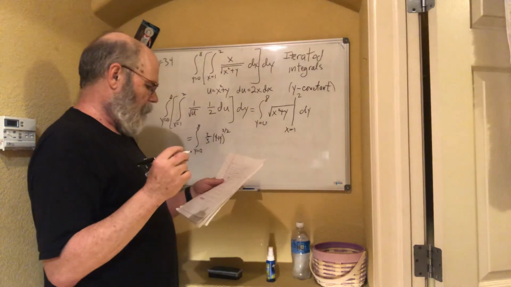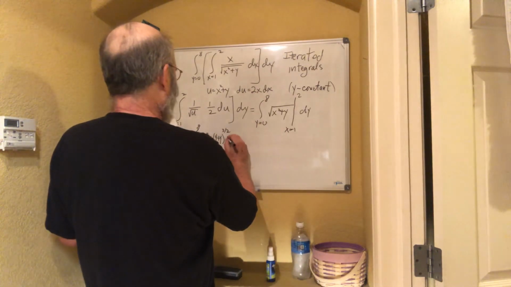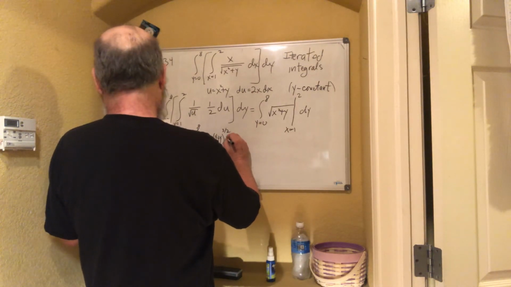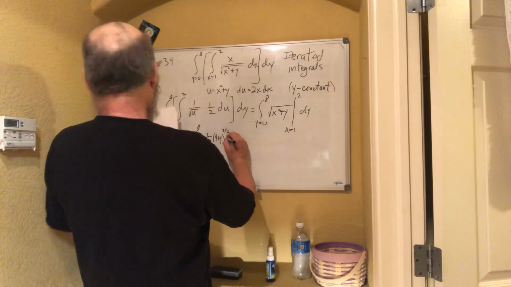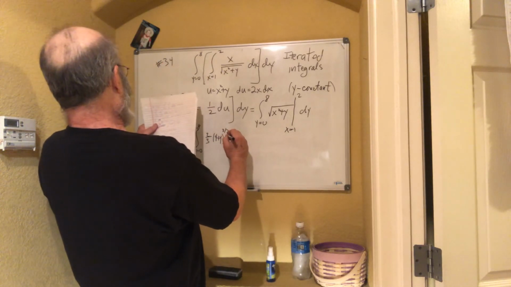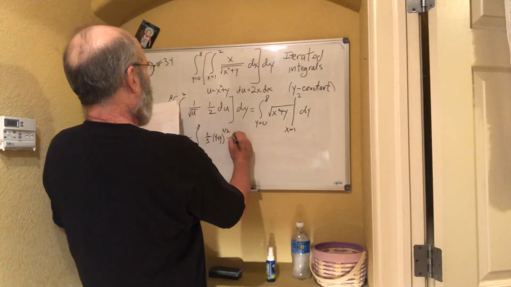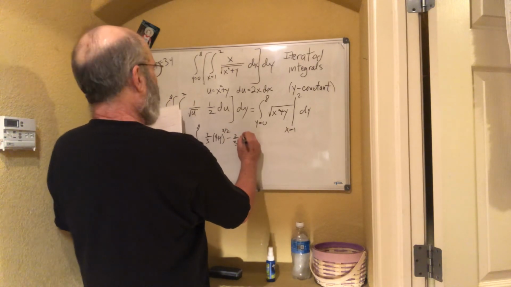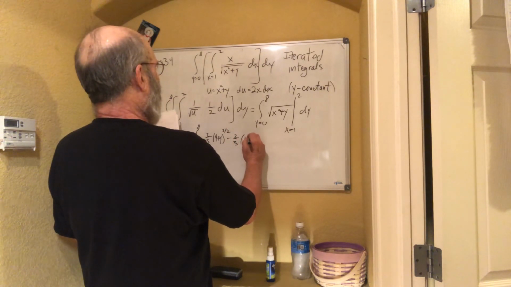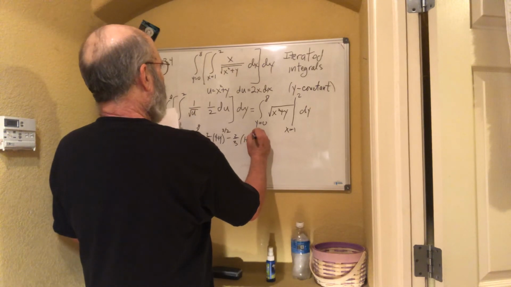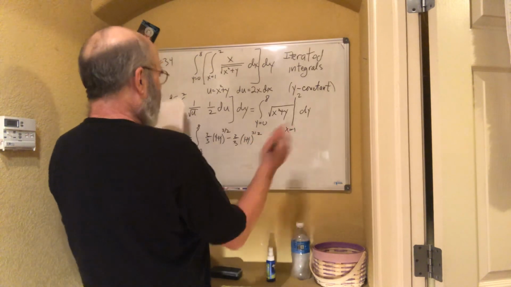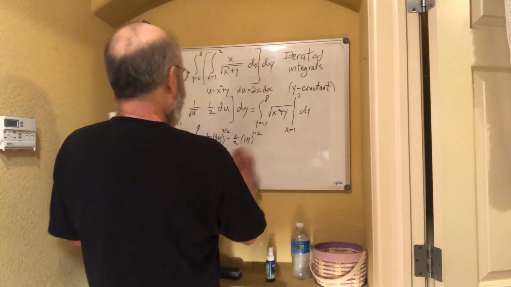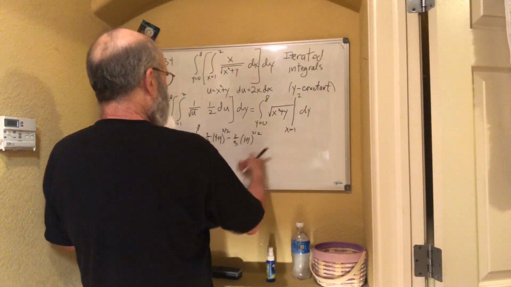That's what you get when you do that one. And then I also have, sorry, it's a little dark in here today, it's hard for me to see, minus, again, 2/3 times 1 plus y to the 3/2 power. Okay, simplify that out.